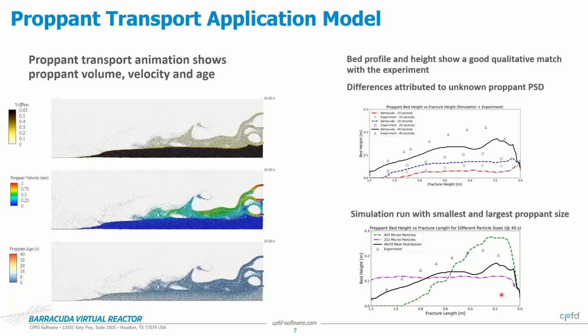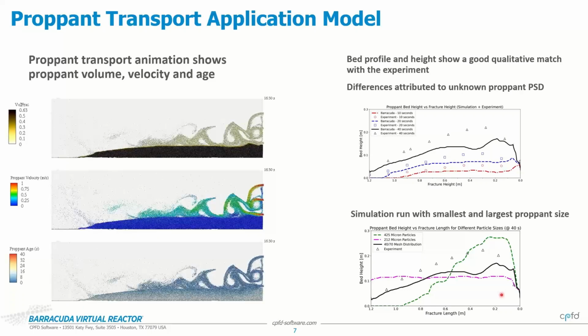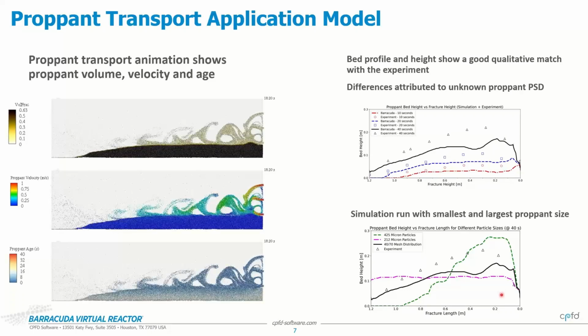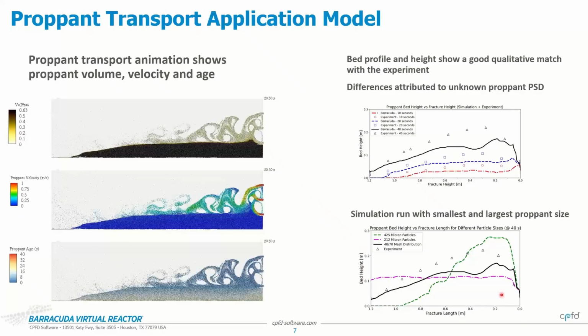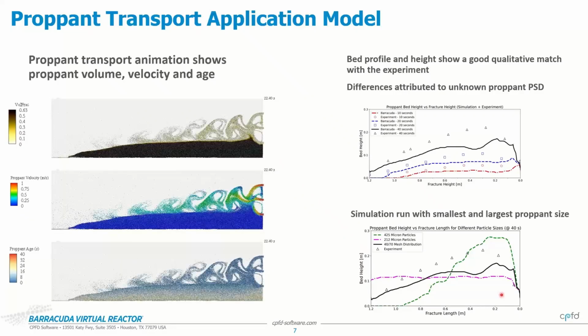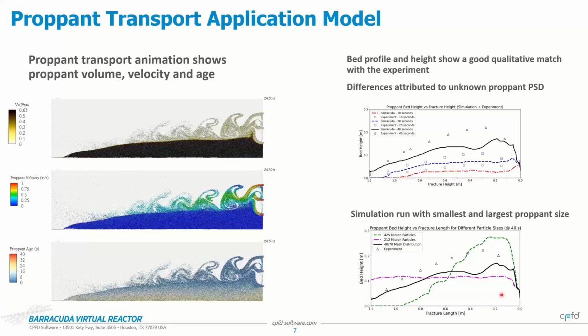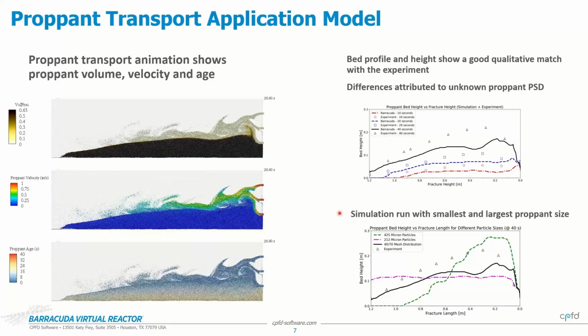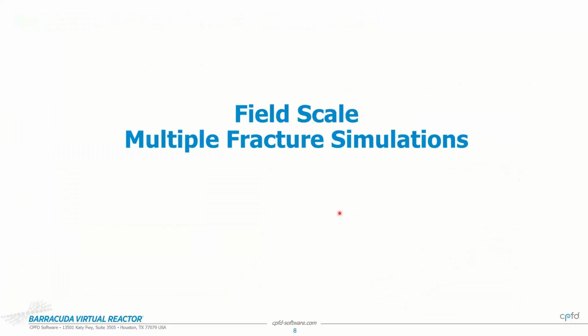Provided one has the actual PSD, one can use Barracuda to make good predictions for the formation of the bed. With that, before I jump into the demo for this model, I want to show some other results, where I've set up some field scale multiple fracture simulations.